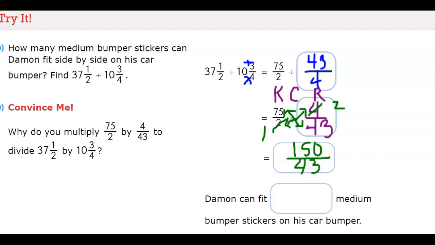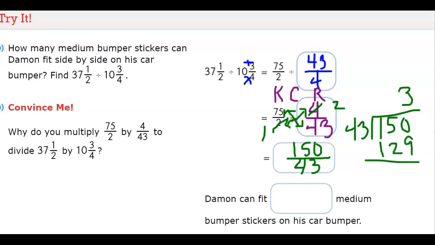Now this is an improper fraction, so we cannot leave our answer as an improper fraction. So I need to take my numerator and divide it into my denominator. So I'm going to do that over here on the side. So 43 can go into 150 3 times. 43 times 3 is 129.